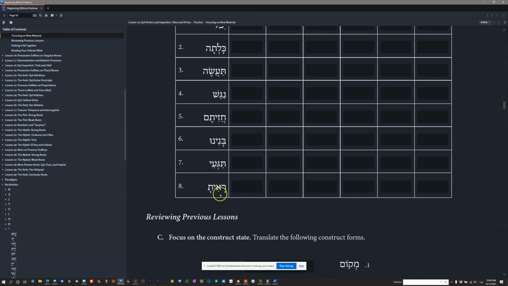Yes, ra'ah means he saw. So when we add the consonantal suffix, kametz shifts to hiric yod. Ra'ah becomes ra'ita, which means you, masculine singular, saw. So we have a cow perfect 2ms form of ra'ah.